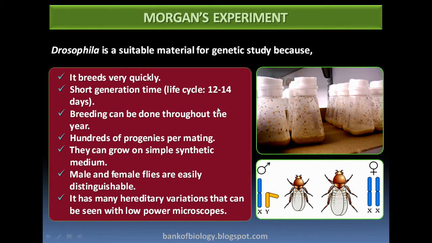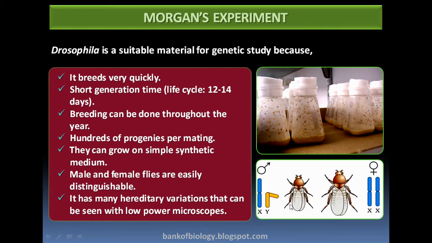That means within 12 to 14 days we get the results. Throughout the year the breeding can be done, and per mating we get hundreds of progeny, so the sample size becomes very large, and they can grow on simple synthetic medium.